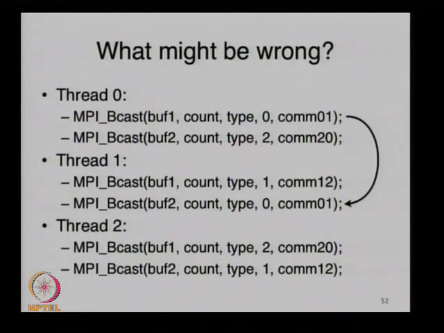And in the meantime, thread 1 has not called this because it has earlier called another broadcast which gets matched with thread 2, on communicator 1,2. But it can't get matched yet because thread 2 had earlier called another broadcast that got matched with thread 0, on communicator 2,0.